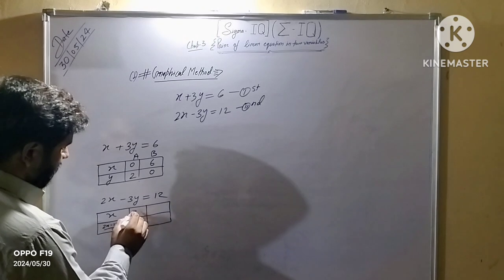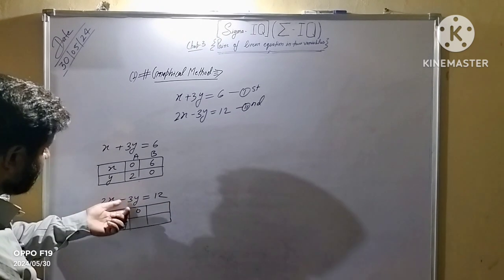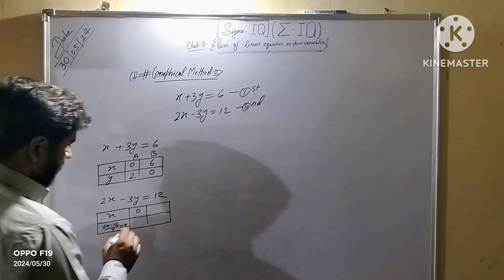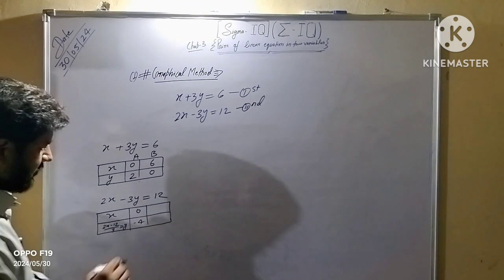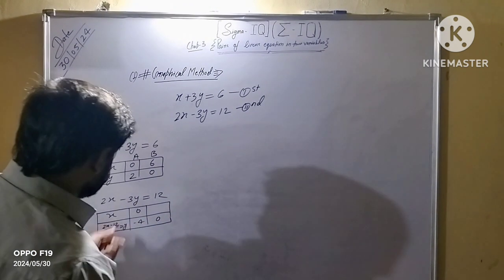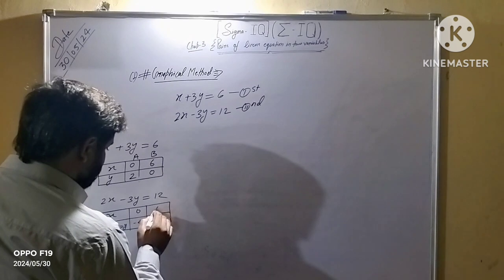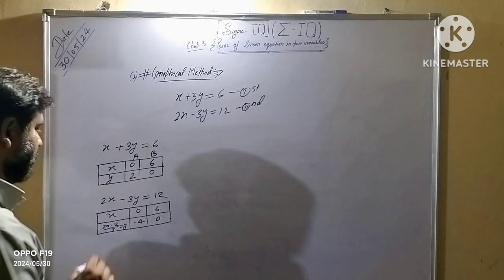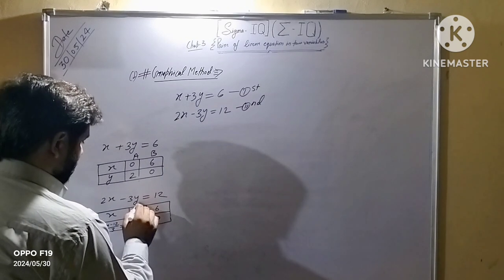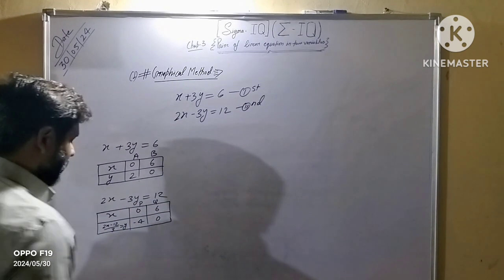If x equal to 0, put x equal to 0 in this equation, then we get y equal to minus 4. If y equal to 0, then x equal to 6. Put y equal to 0 in this equation, then we get the x equal to 6. This is point P, this is point Q.